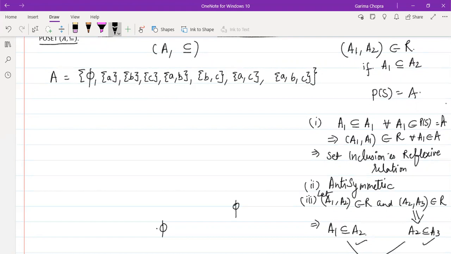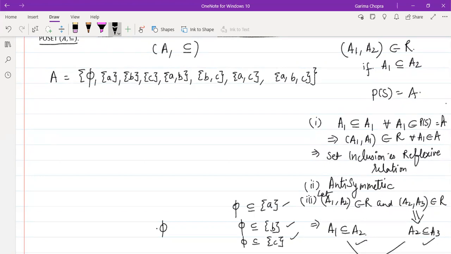Let us use here the notation which we have for the relation, which is the subset. Phi is related to this singleton set also, and this singleton set C. So all these singleton sets {A}, {B}, {C} will be lying above this phi. And moreover, since these singleton sets are not comparable, we can take them on the same level.